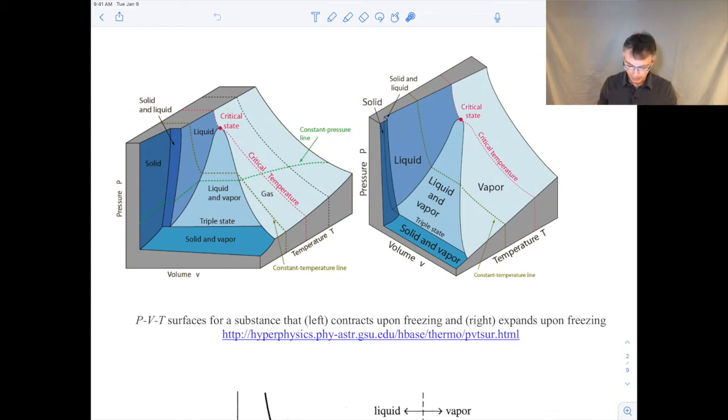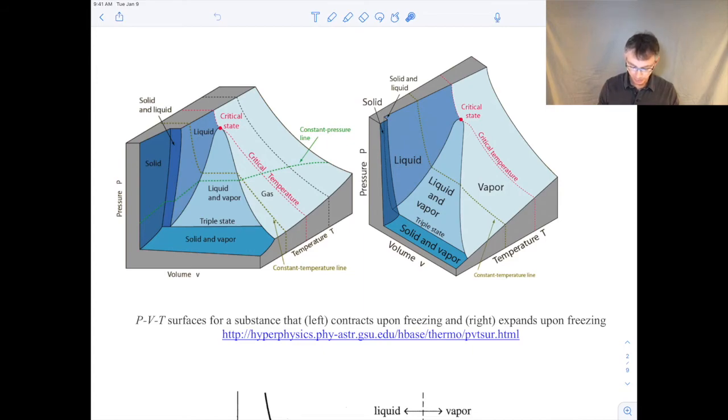In these plots, I want to identify just a few regions of interest. Here you see pressure, specific volume, and temperature on the three axes. You'll see regions that consist of single phases. We have a solid region here, a liquid region here, and a gas region here. Then we also see regions where you have mixtures. Here's a solid and vapor region, a solid-liquid region, and a liquid and vapor region.